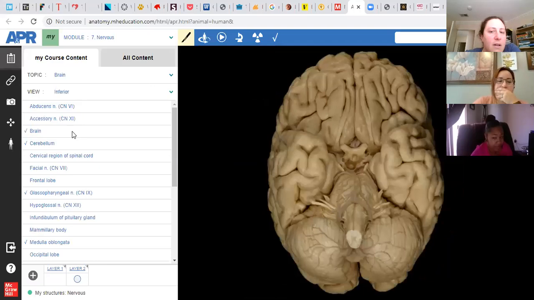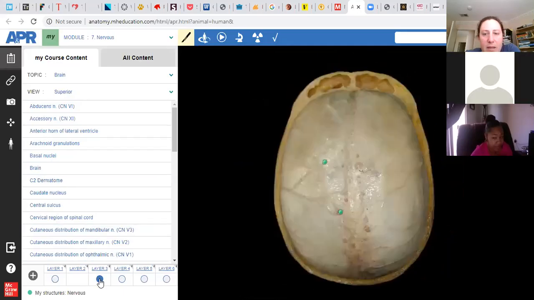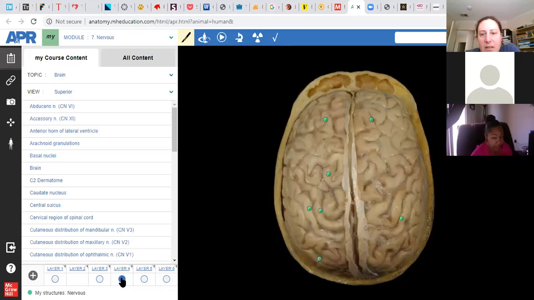The inferior is just the inferior, there's no view of that. And on the superior one, the only thing you can see here is dura. This is useful because we can look at the different lobes, like the frontal lobes, with the central sulcus right here.